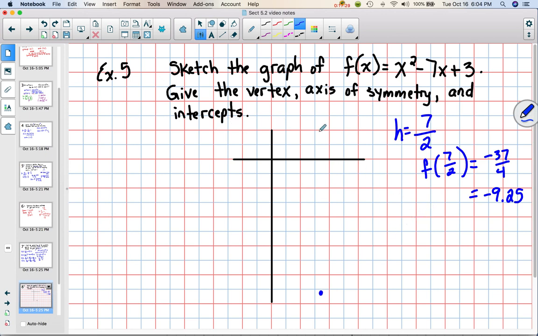Now I have to have my intercepts anyway. Or actually what I'll do, because this has an a value of 1, it's going to be like the parent graph. So if I go over 1, I'm going to go up 1, which is one reason why I wanted to scale by ones. If I go over 2, I'm going to go up 4. And if I go over 3, I'm going to go up 9. I'm going to go ahead and do that because I want to get up here to the x-intercepts.